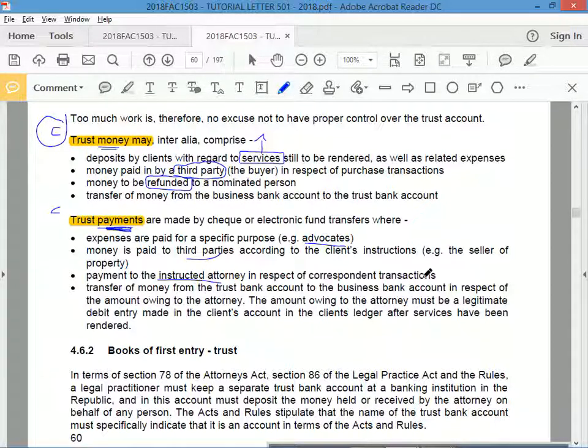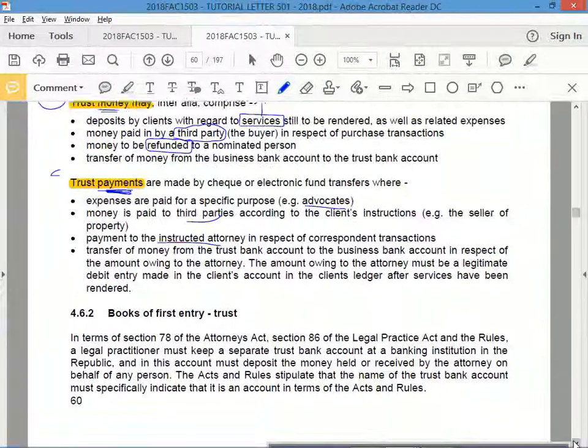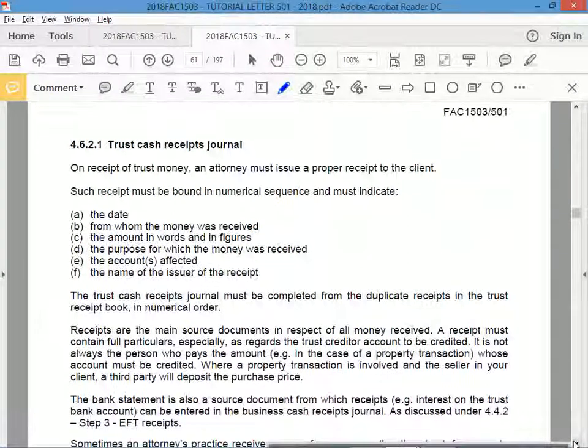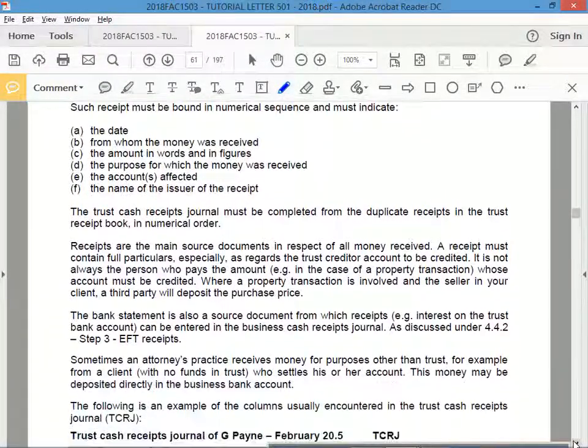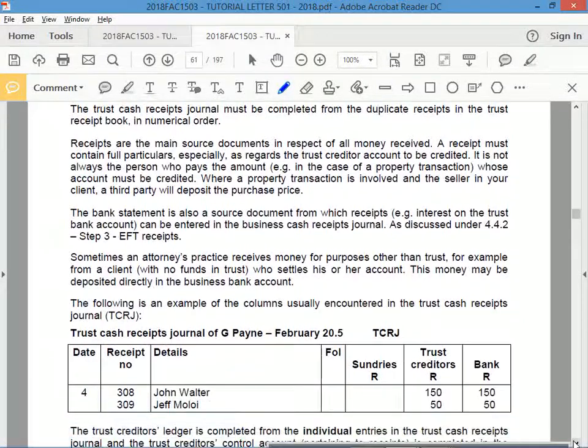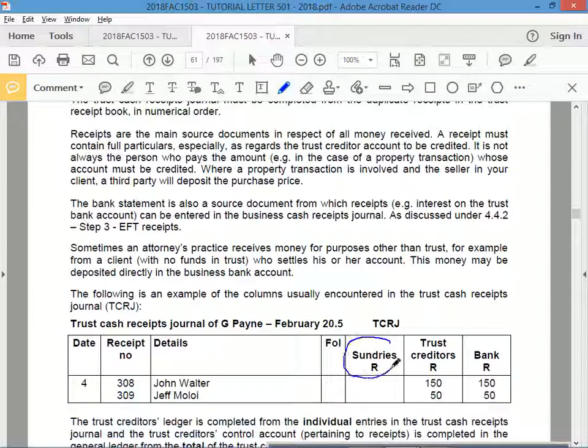Okay, the use. Right, it's quite similar because the trust money is used to pay people, businesses. That we've seen already. Trust cash receipts journal. That's what it looks like. Sundries. So before, sundry was a separate part of the actual journal in terms of columns, and then you could put additional detail there.